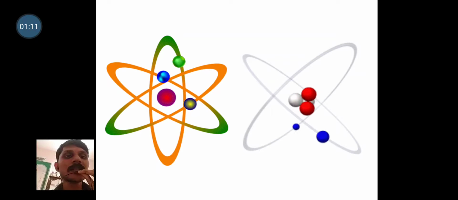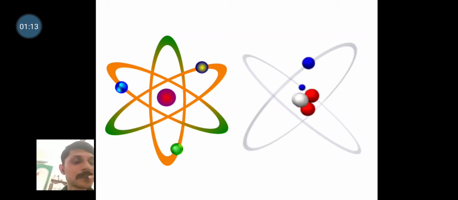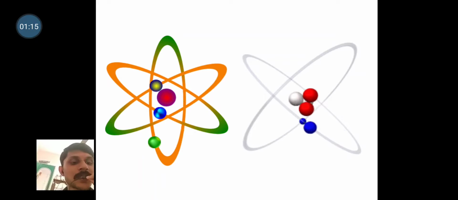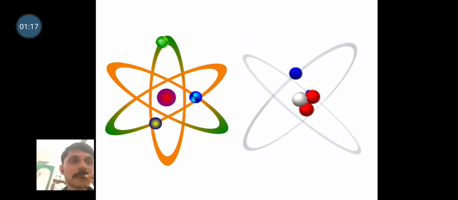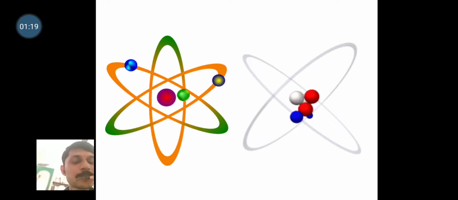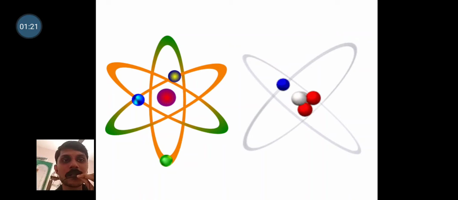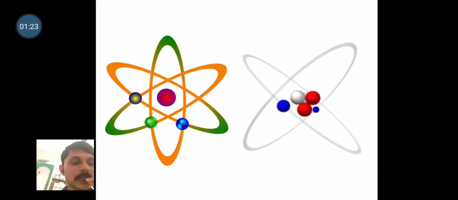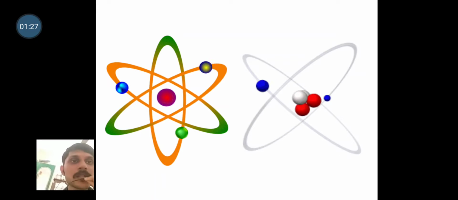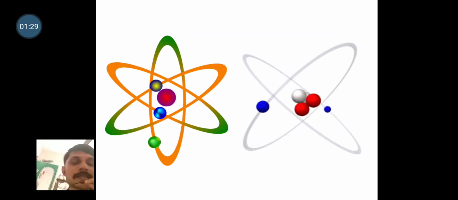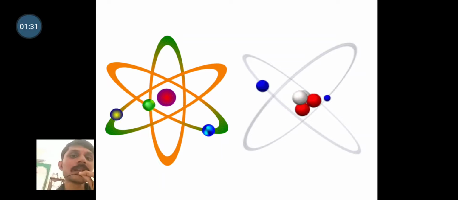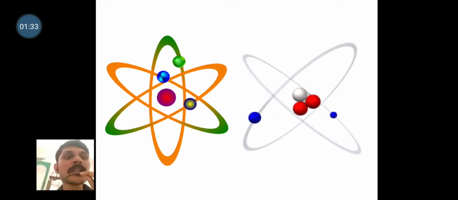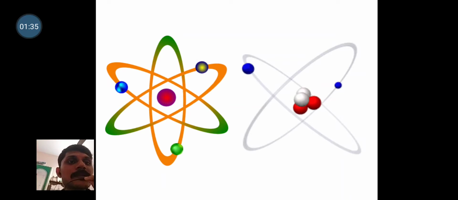A neutral atom has an equal number of protons and electrons. An atom may gain or lose electrons in order to increase its stability. These things were discussed in the previous grades.